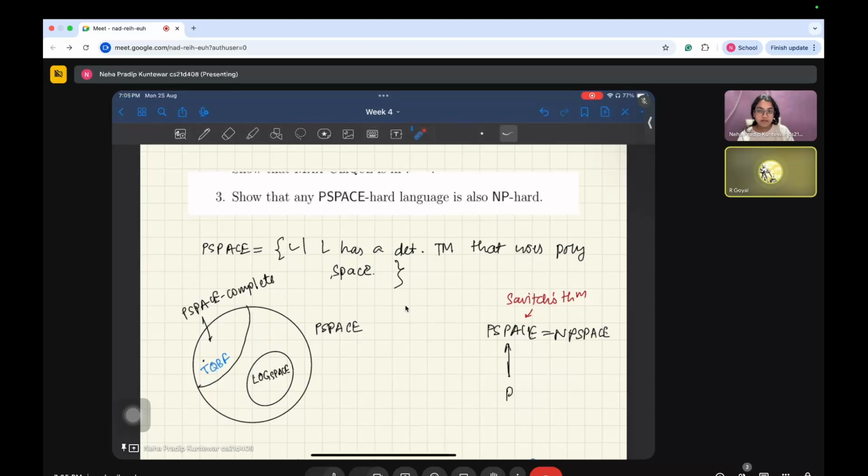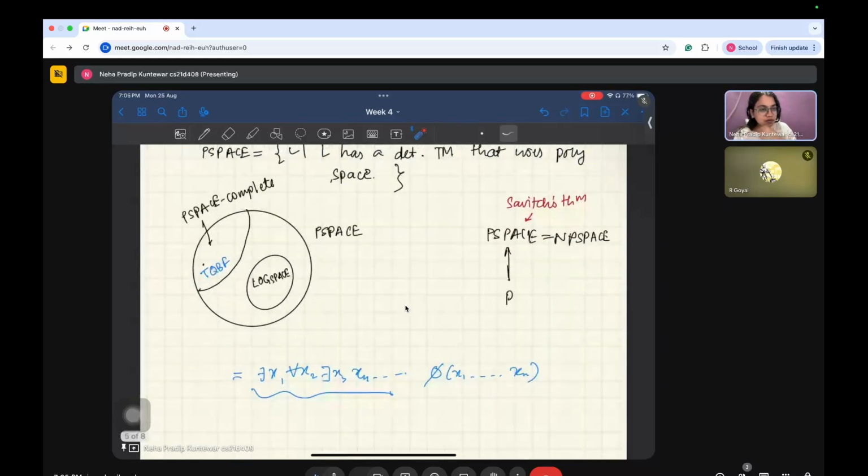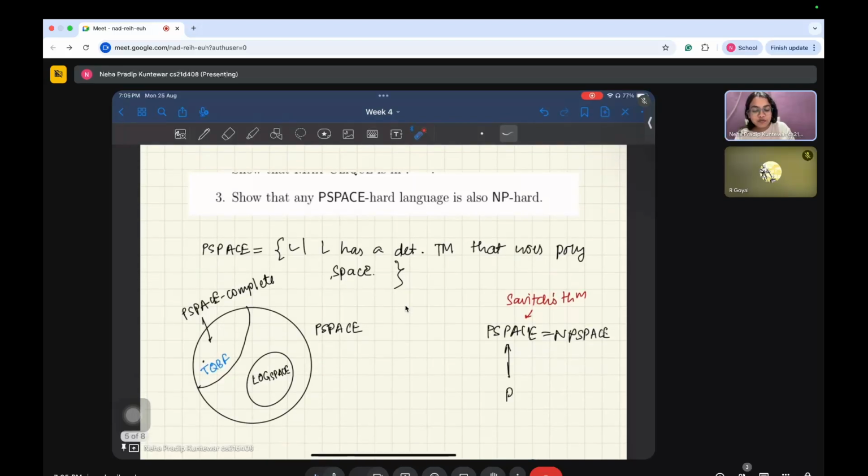Yes, because P-space is a superset of NP. Intuitively you would expect P-space to be much above NP, a proper superset of NP, so you would expect a hard language for P-space to be hard for NP.